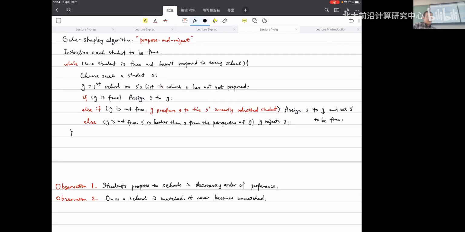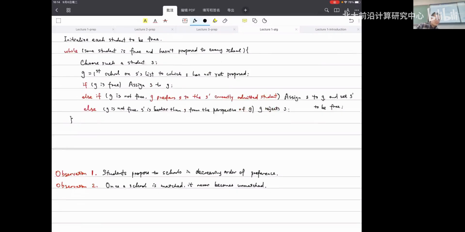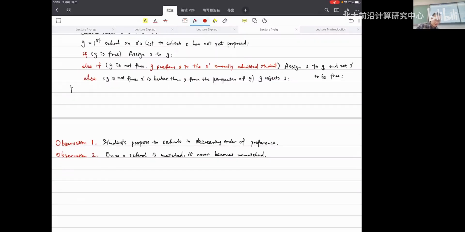In the else-if case, G is not free, and G prefers S to the student S prime currently admitted, so G switches S prime to S, whom the school prefers. In the else case, G is not free, so G just rejects the student. In any case, the graduate school G never becomes free again. This is why we have observation 2: once a school is matched, it never becomes unmatched. And we can draw a further conclusion, intuitively: the school only trades up.